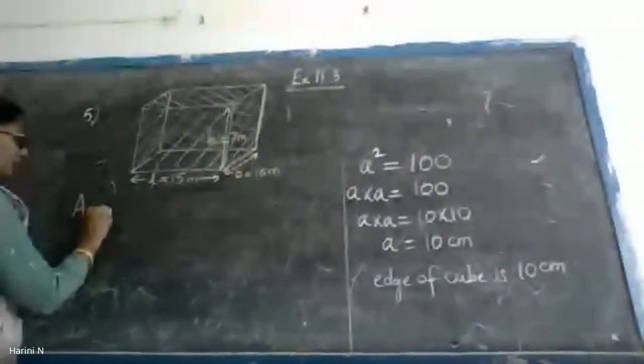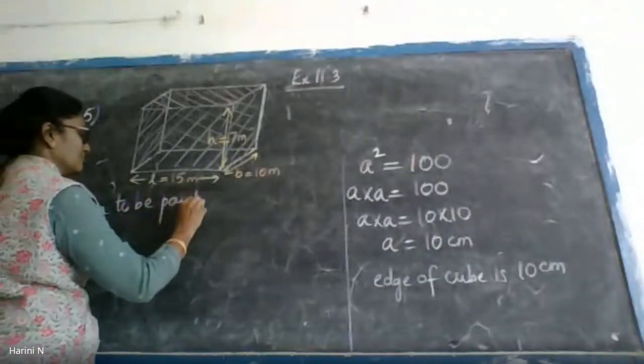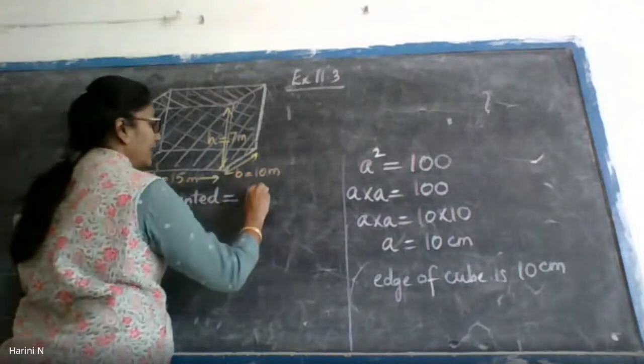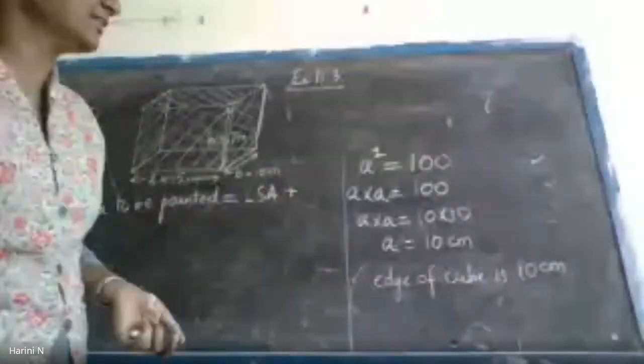Area to be painted is equal to LSA, that is the 4 walls. 4 walls only will become the lateral surface area. So LSA plus the top surface or the ceiling.